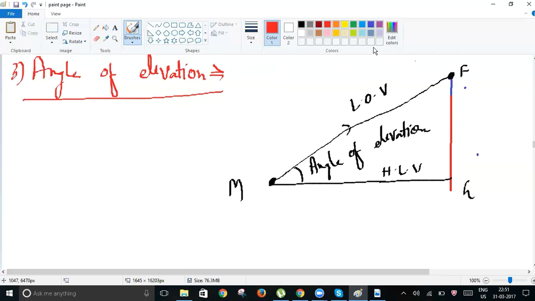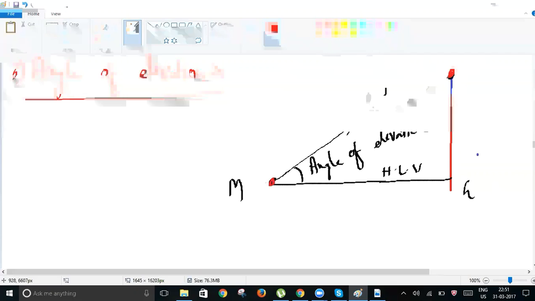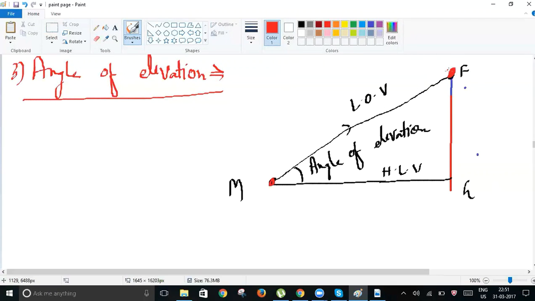Clear? So if I change the case, if I go and sit at the top of this building at this point F, and look at something, then this line will be called what? In this case, I am sitting here. This is still the line of vision.